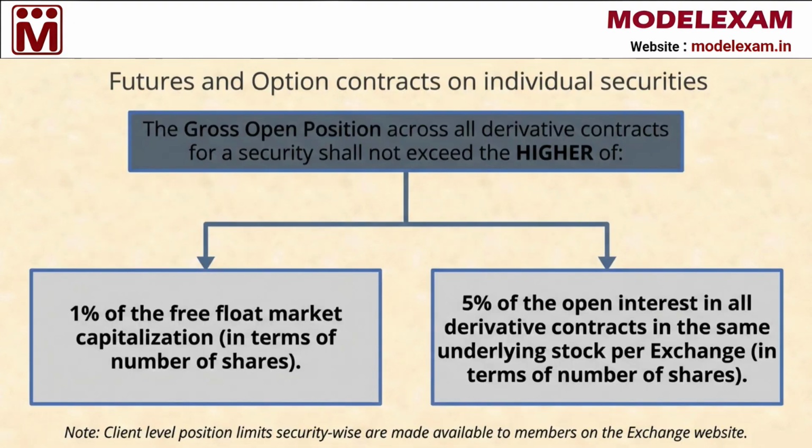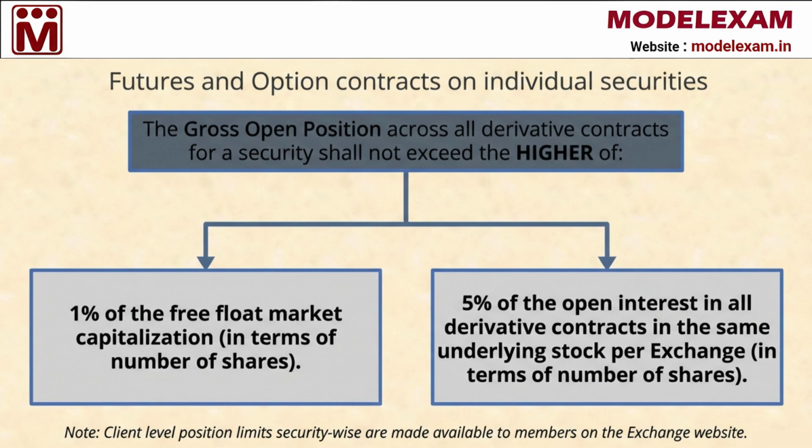Starting with the first level, let us discuss how client level position limits work for individual securities. When you trade futures and options on a specific stock, your total open position across all those contracts cannot exceed a certain maximum threshold. To find this maximum limit, we calculate two numbers and take whichever is higher.